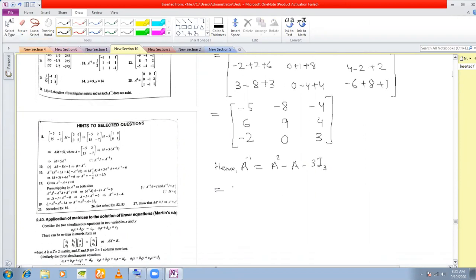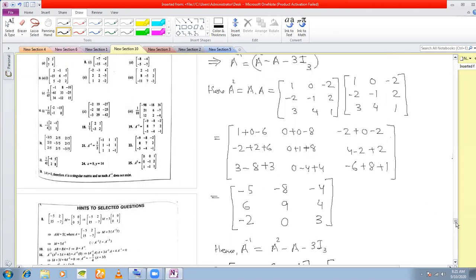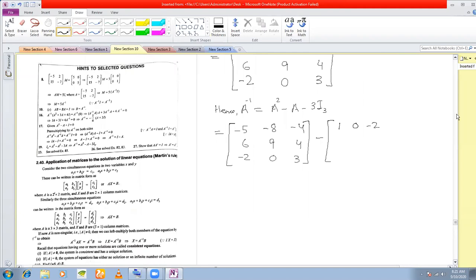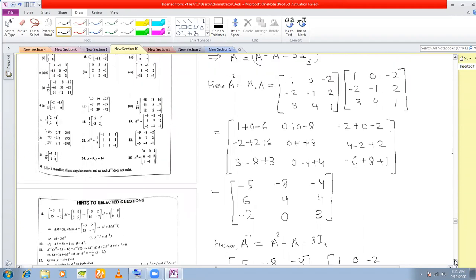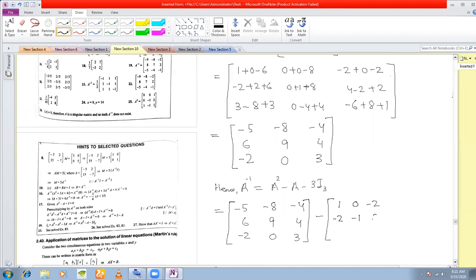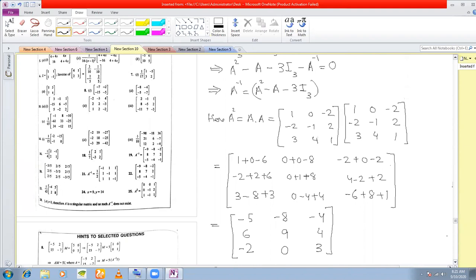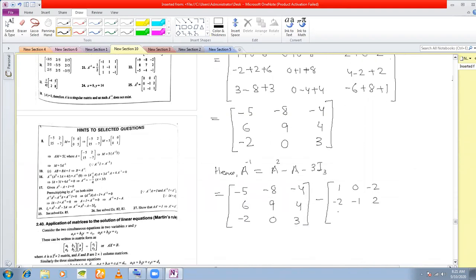So A inverse, we put the value of A square here: minus 5, minus 8, minus 4, 6, 9, 4, minus 2, 0, 3, minus A. What is the matrix A? 1, 0, minus 2; minus 2, minus 1, 2; 3, 4, 1; minus thrice I3: 1, 0, 0, 0, 1, 0, 0, 0, 1.